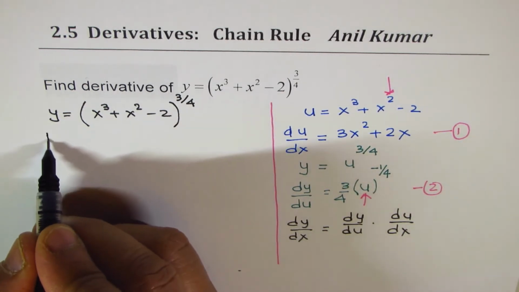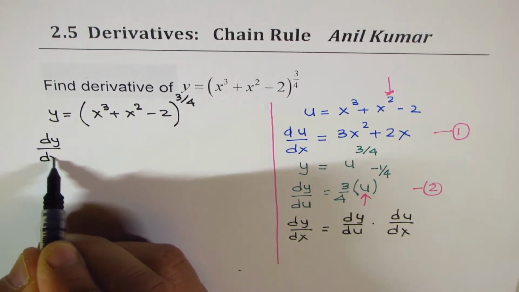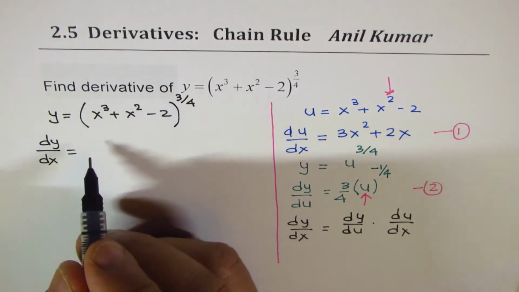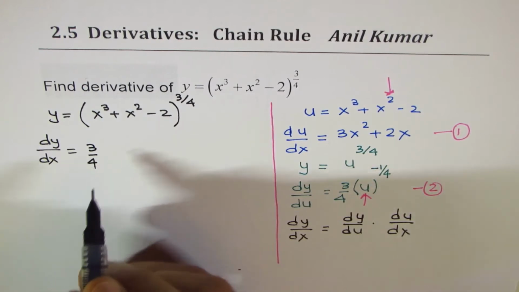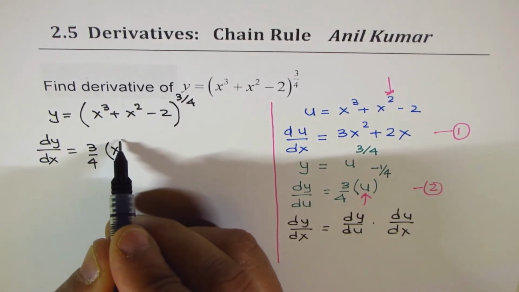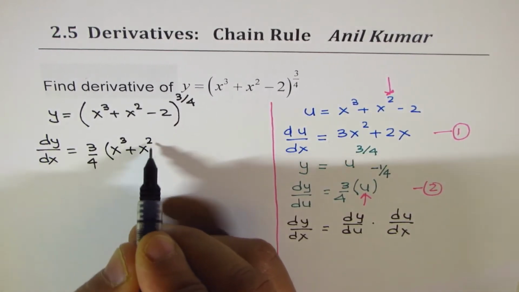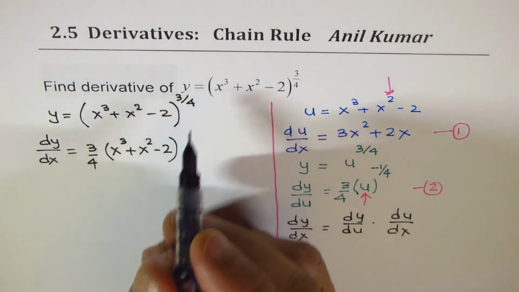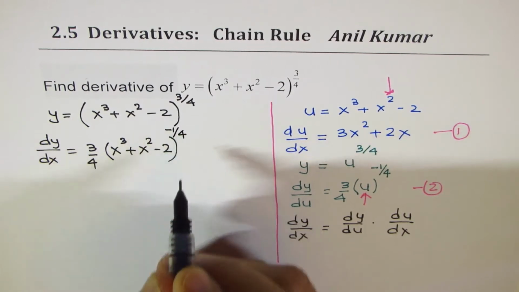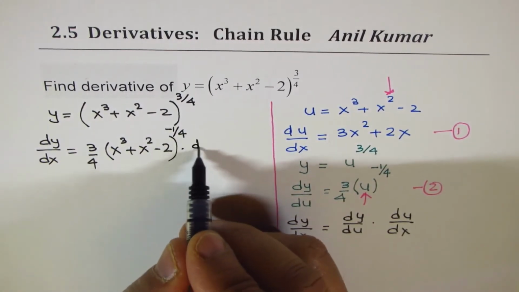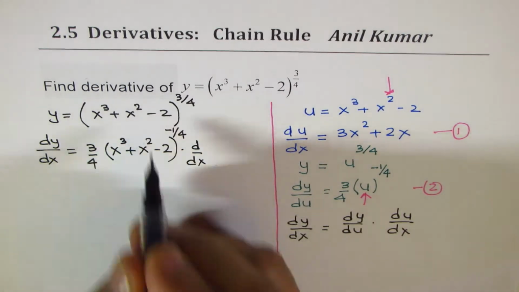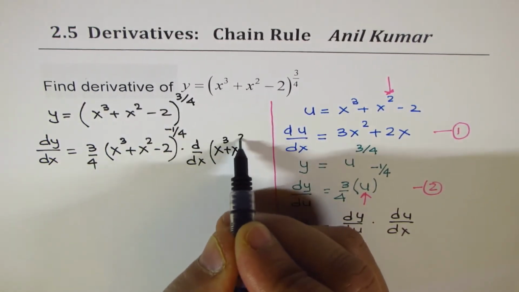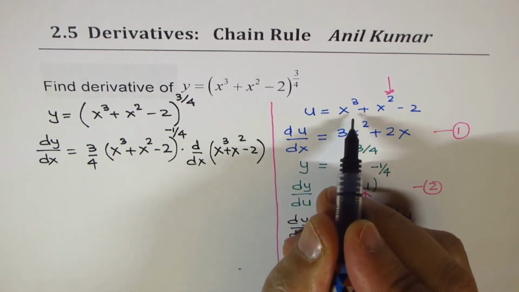So we can also write this as dy dx is equal to the derivative of all this, applying the power rule first, which is 3 over 4 within brackets x cubed plus x squared minus 2 to the power of 3 over 4 minus 1, which gives us minus 1 over 4, times the derivative of the inside function, which is x cubed plus x squared minus 2, the function u.